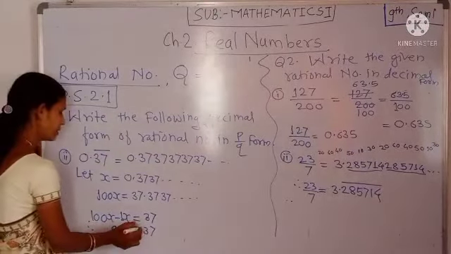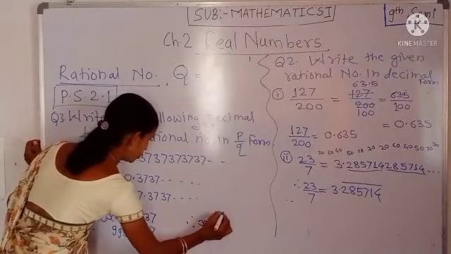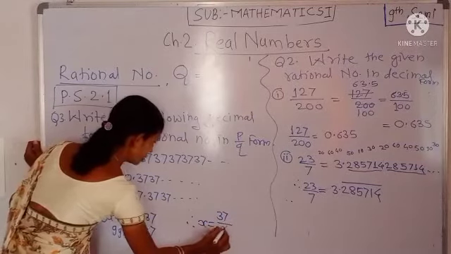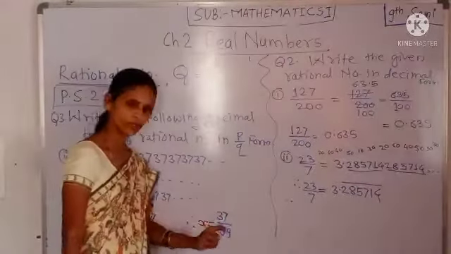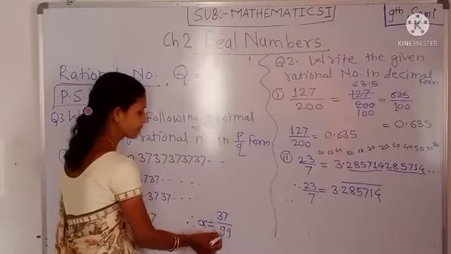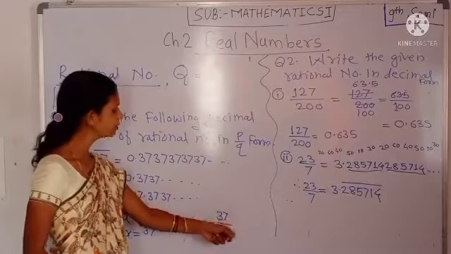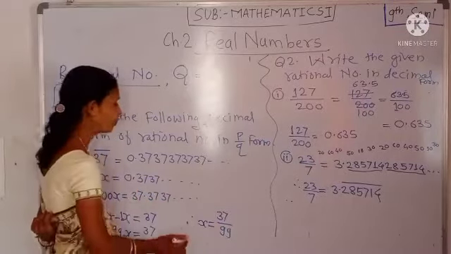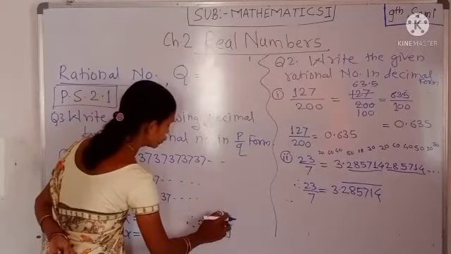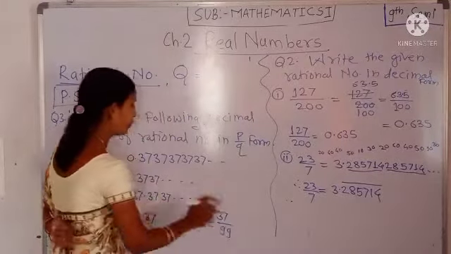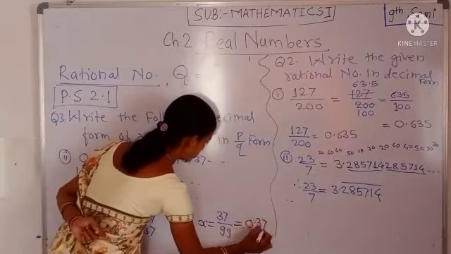And see here, therefore we get x is equal to 37/99. 37 is a prime number, therefore that means here it is the simplest form of that P/Q form of the rational number. Therefore here x is equal to 37/99 is the P/Q form of 0.37 here.